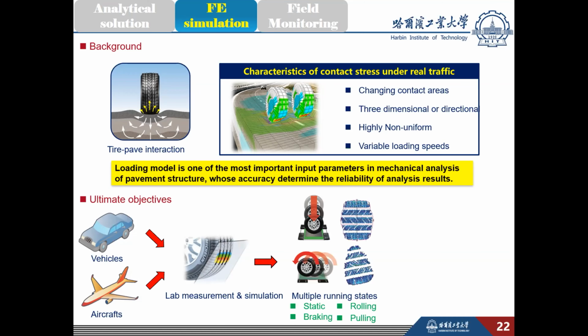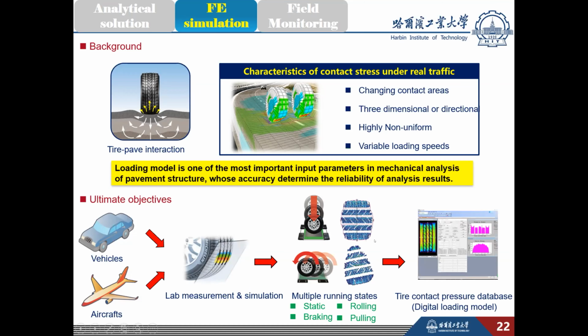Third, utilize the calibrated model parameters to simulate different running states, including static, rolling, braking, and pulling. In this way, we could establish a comparatively accurate contact pressure database for different tires. We could call this a digital loading model database.